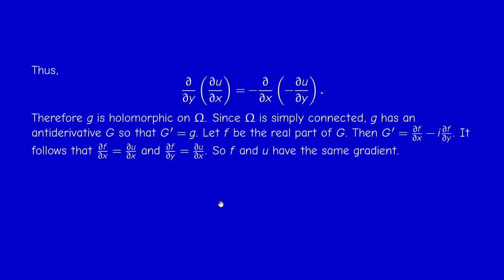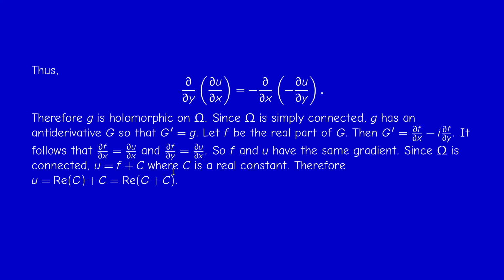Here I consider u and f as functions of two real variables. So what do I have here? I have that the gradient of f is the gradient of u. And since omega is connected, f and u differ by a constant.